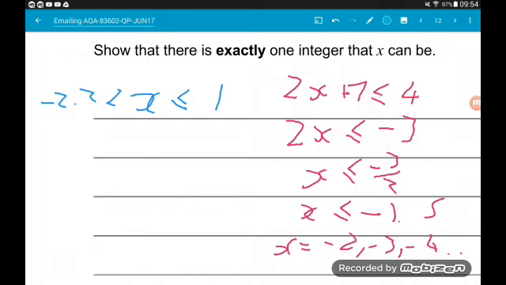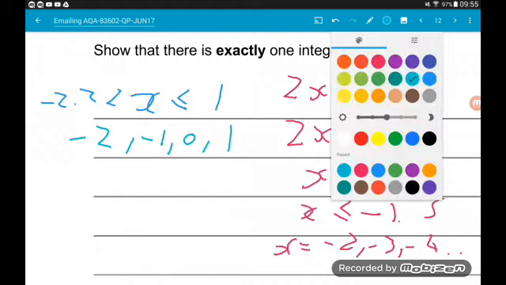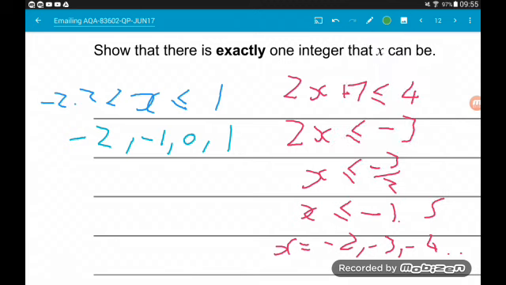If we list the integer values on the left, x has to be greater than minus 2.2, so it can be minus 2, or minus 1, 0, 1, but only one value pops up in both inequalities, and that is minus 2.